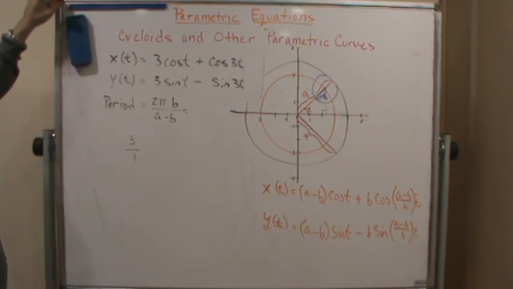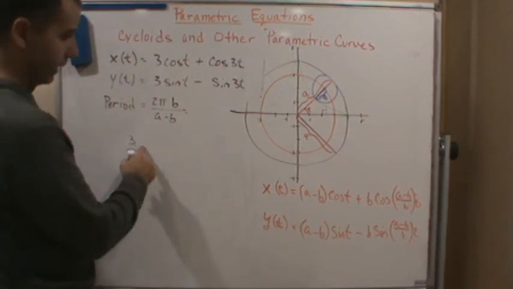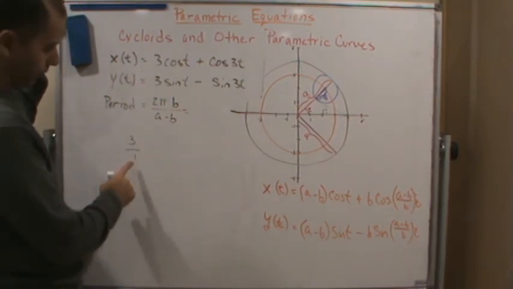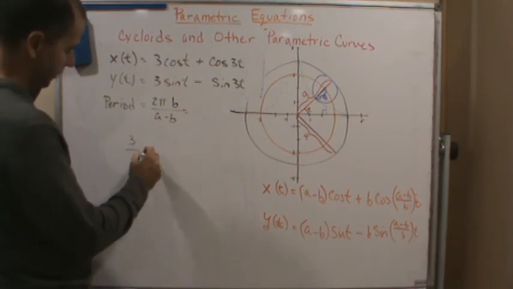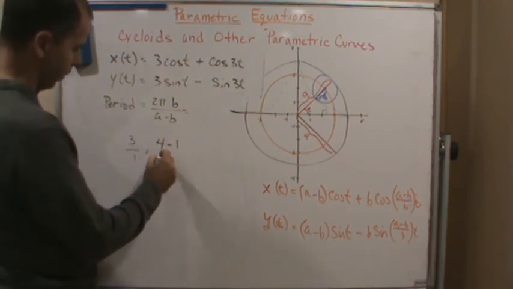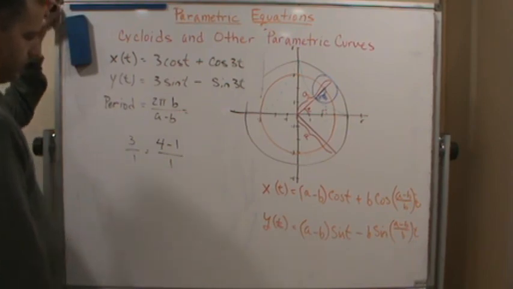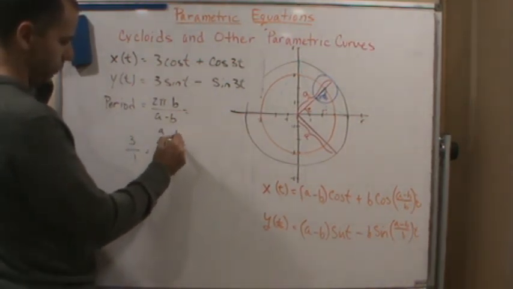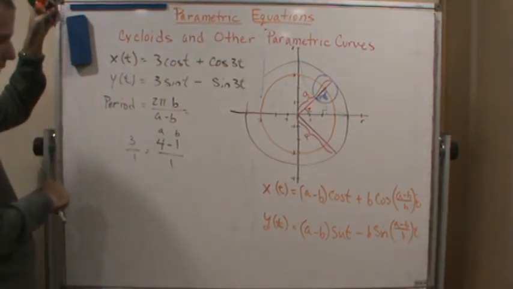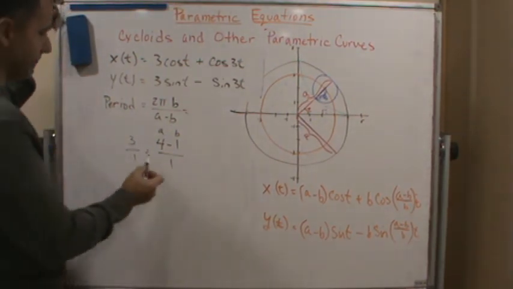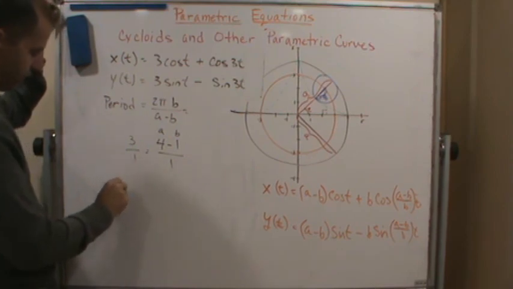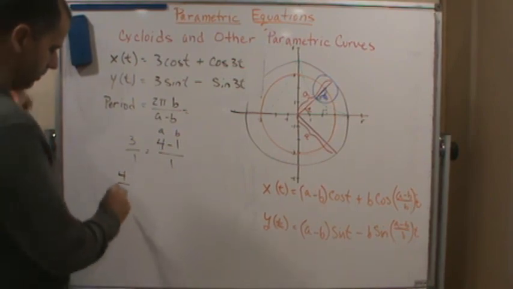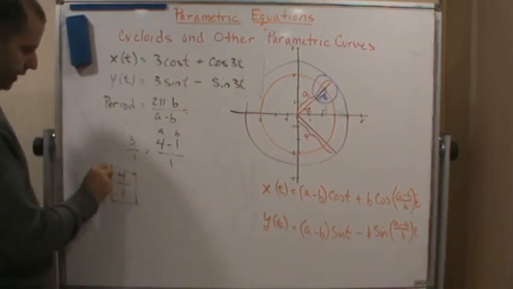So this is a minus b over b. Well, b is 1. Well, that means you've got 4 minus 1 over 1. So that means a is 4, b is 1. So you can easily figure this out. And so that tells us the ratio is 4 over 1, so there are 4 cusps.